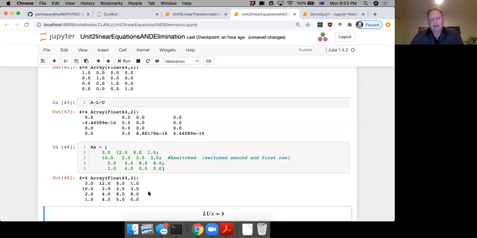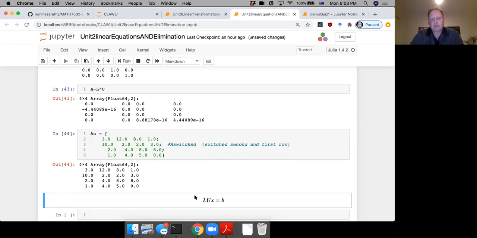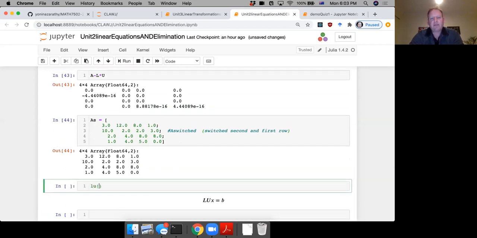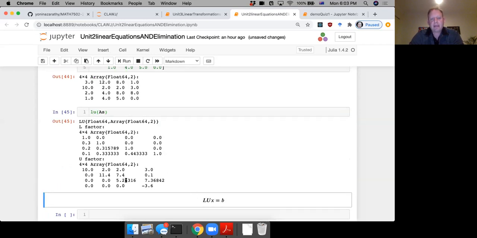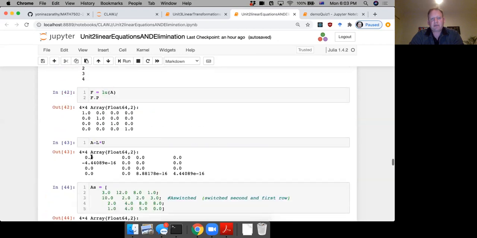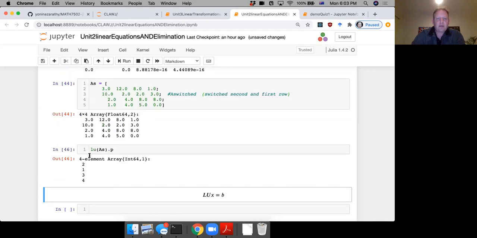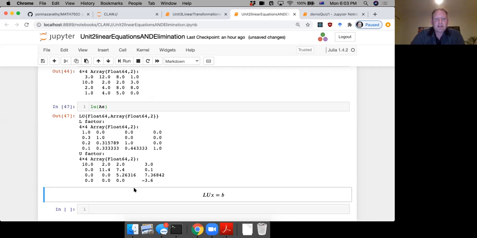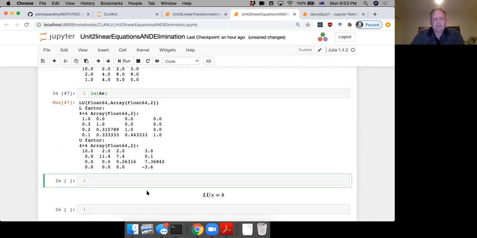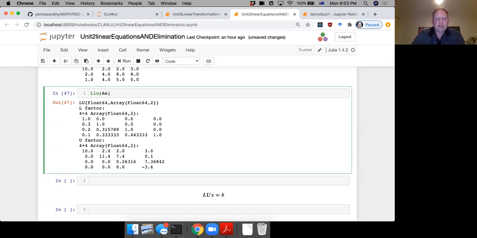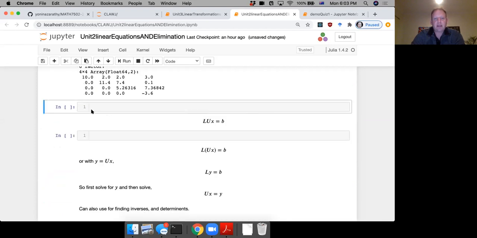If I now do LU of this A, let's do LU A dot permutation. Okay, good. Let's call the results LS, US, PS, the results of this LU decomposition.